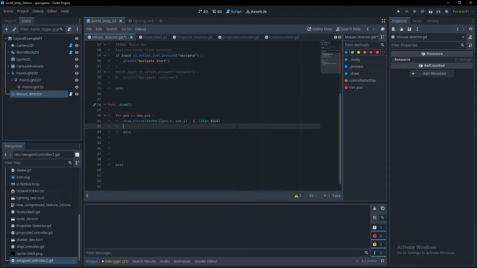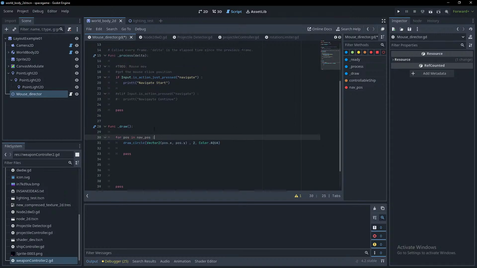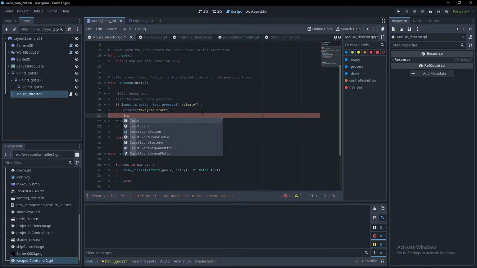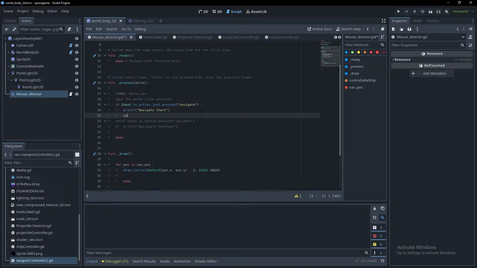So let's get back here. So we're just going to draw a position right there. So we're going to input mount, or I guess we just do, and we'll do this.